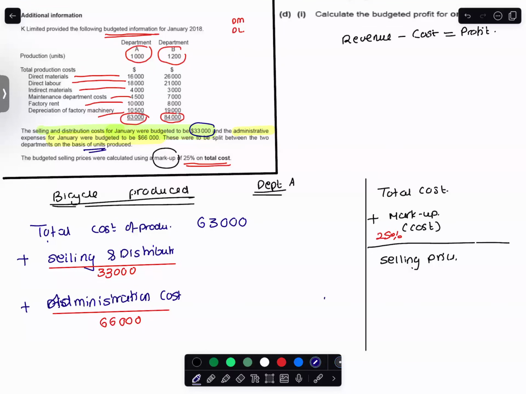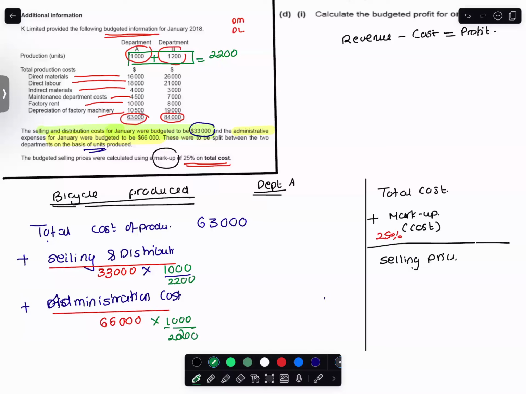So what is the number of units produced by department A? 1,000. So I have to give 1,000 units over here. What is the total number of units of both the departments? 2,200. So I will divide this by 2,200.